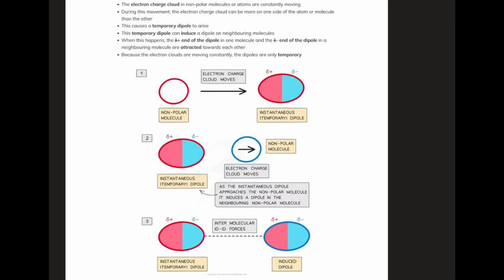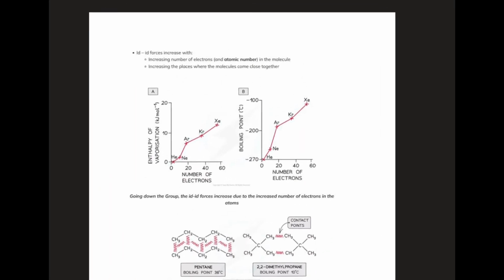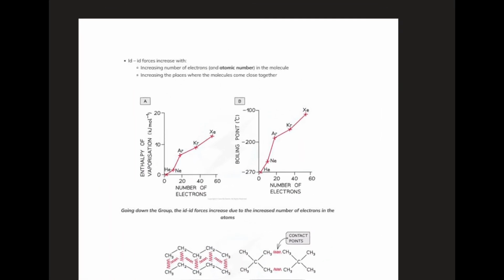So let's move on. Idid forces increase with increasing number of electrons in the molecule, and atomic number, okay, that means proton numbers, increasing the places where the molecules come close together.